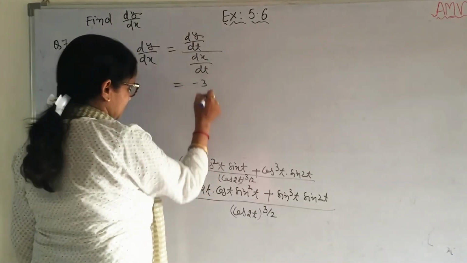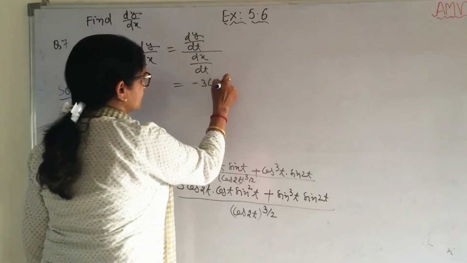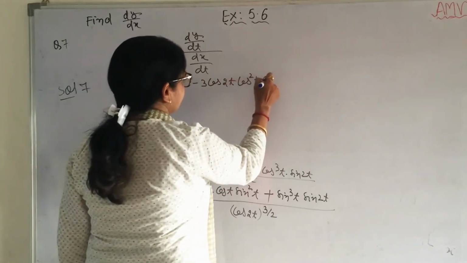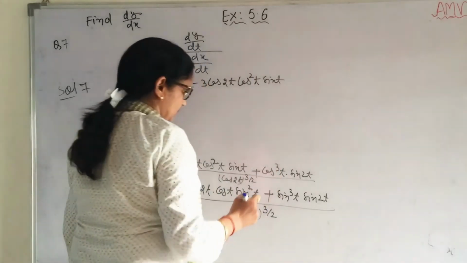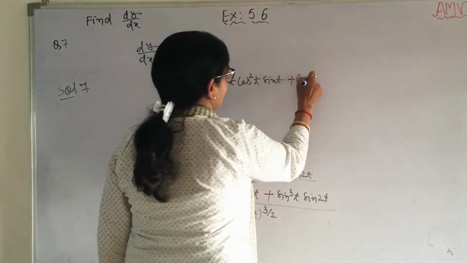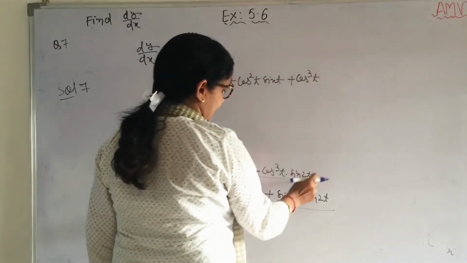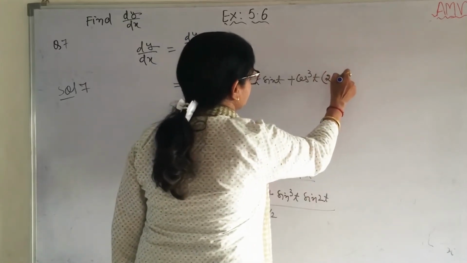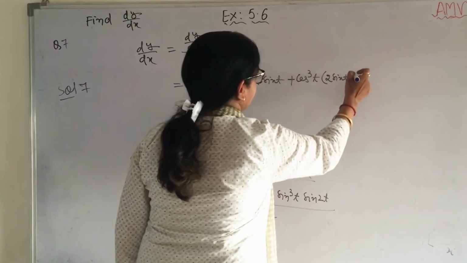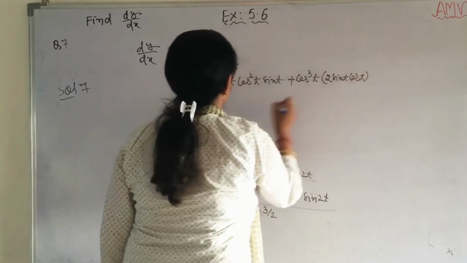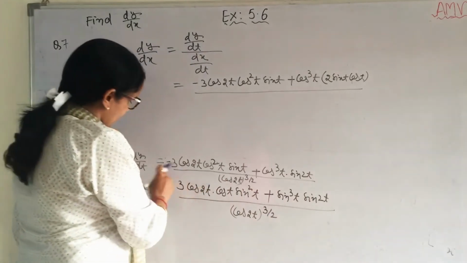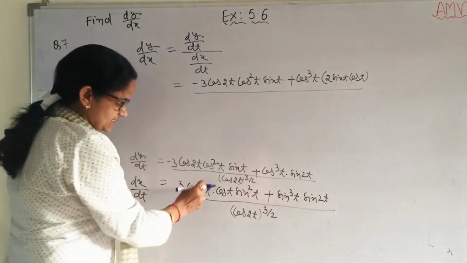It's minus 3 cos 2t cos square t sin t, okay, plus cos cube t, and here sin 2t we can write as 2 sin t cos t. Okay, and now see, the denominator of dy by dt and dx by dt is the same.